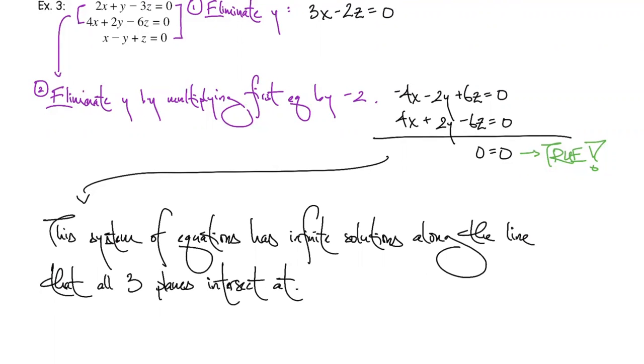Okay. The system has infinite solutions along the line that all three planes intersect at.